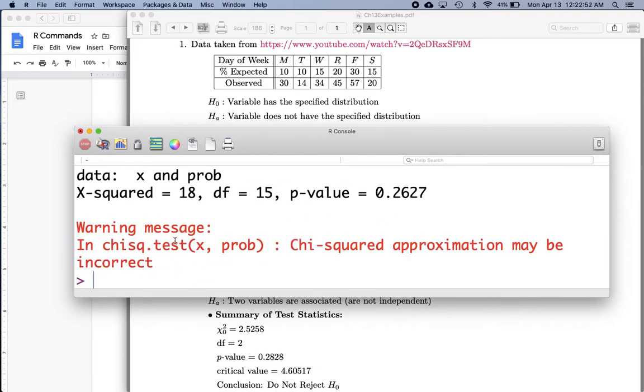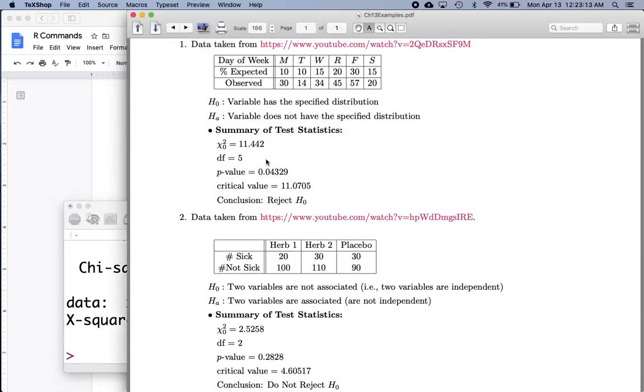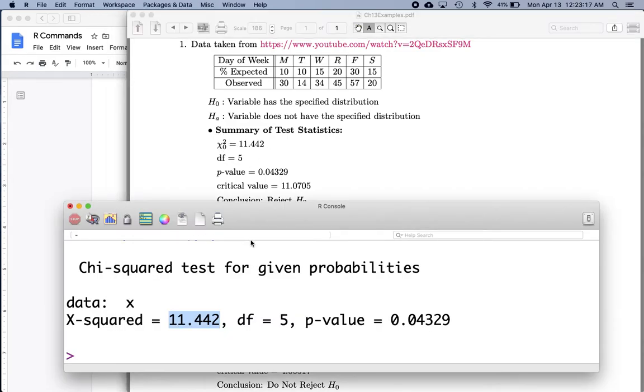Other than that, all we need is to run the chi-squared test of x against our probabilities, with p equals probabilities. It spits out our chi-squared value, which is 11.442, which is the value that I found here, and then a p-value of 0.04329.